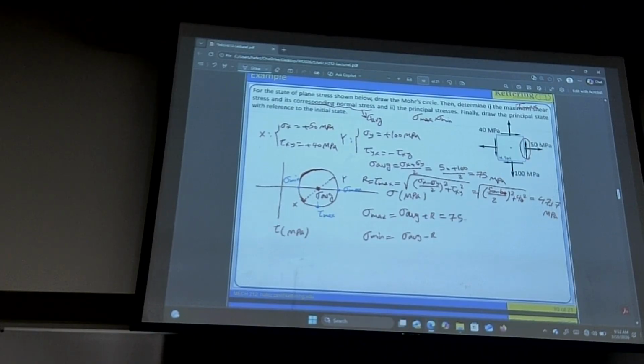So 75 plus 47.17, and this one basically means the same values, only the sign is changing in between. So 122.17 megapascal, 27.83 megapascal. Nathan, did you confirm? Okay, all right, Jesus, a point.